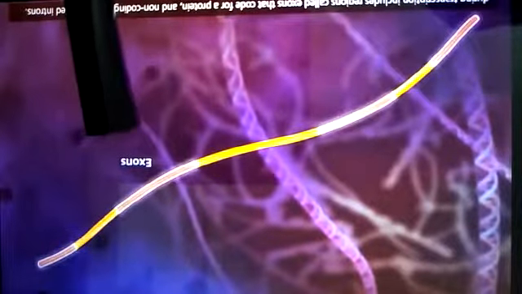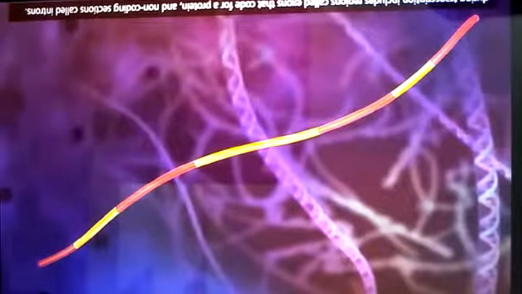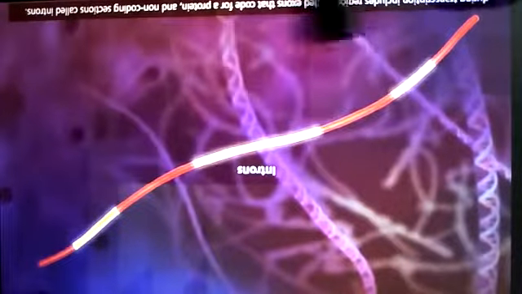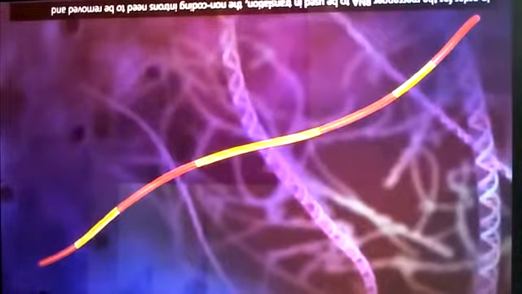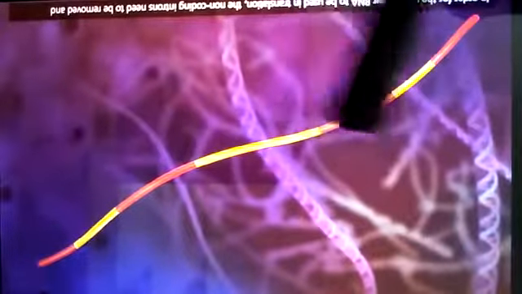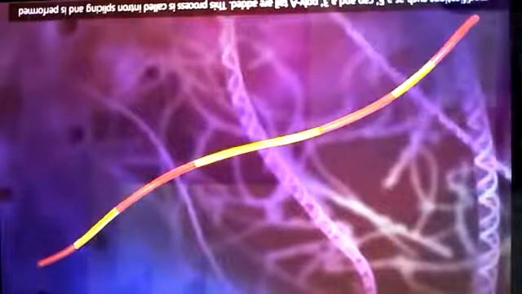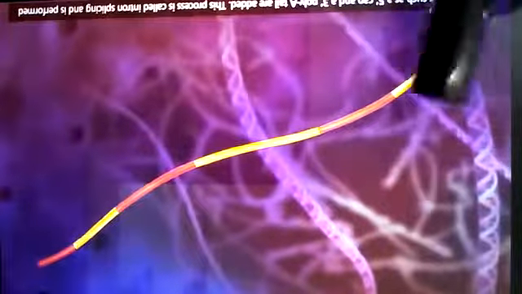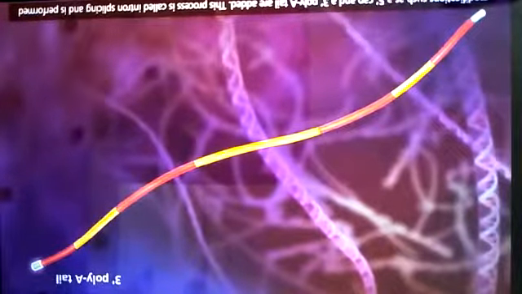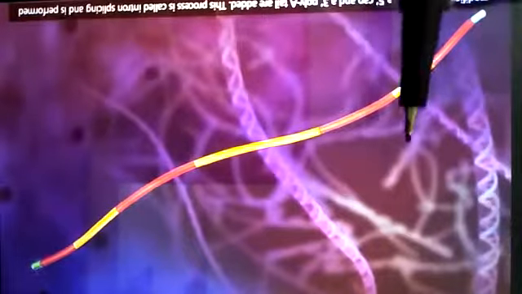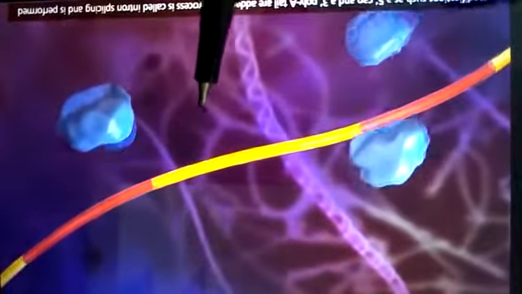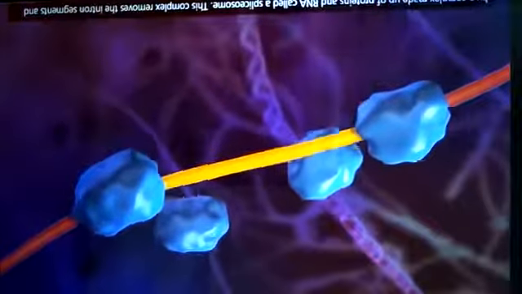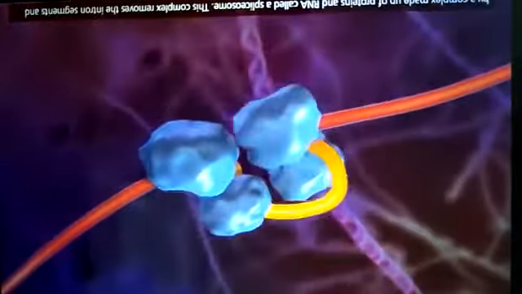Here the exons are the functional units, introns are the interrupting units, and will be separated by an enzyme called spliceosomes. The spliceosomes come together here. Spliceosomes come and they remove introns to join the exons.